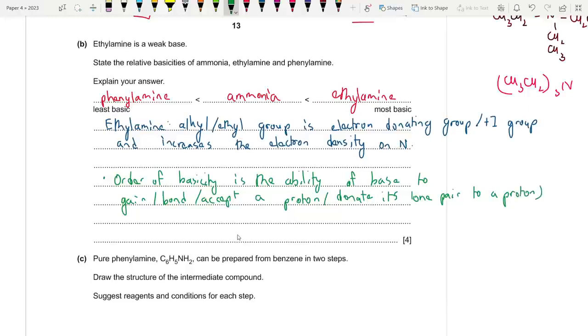So who is the best at doing that? Ethylamine. So the lone pair is more available. I made this up. It's not in the mark scheme, but you can write it.